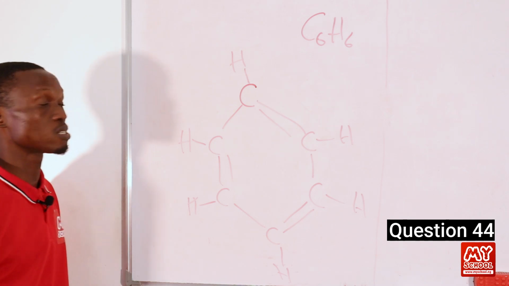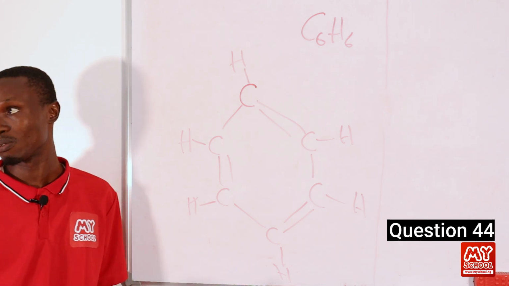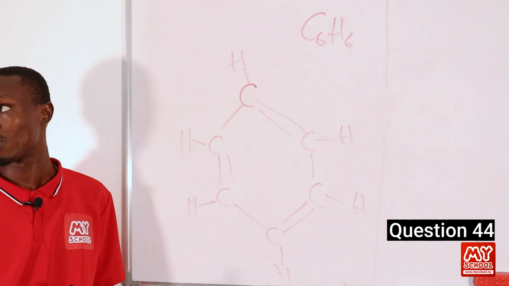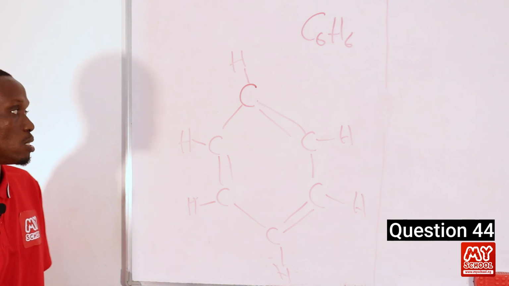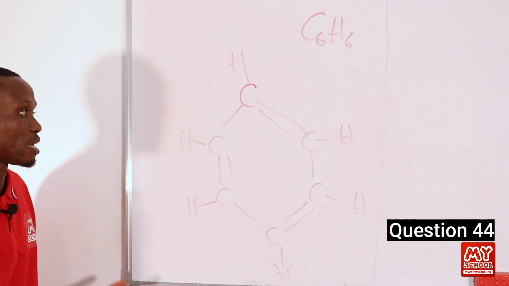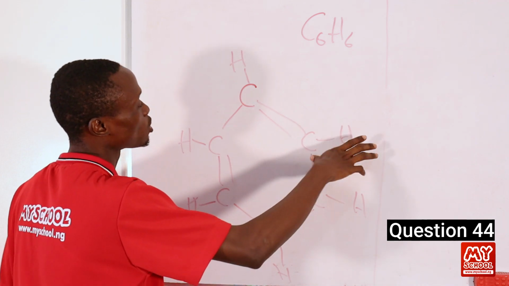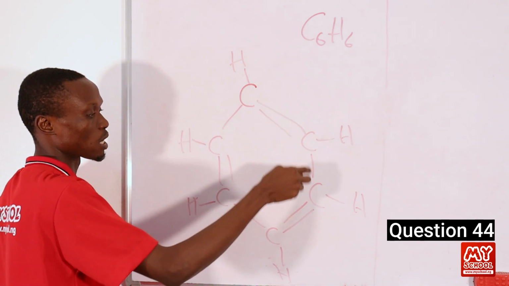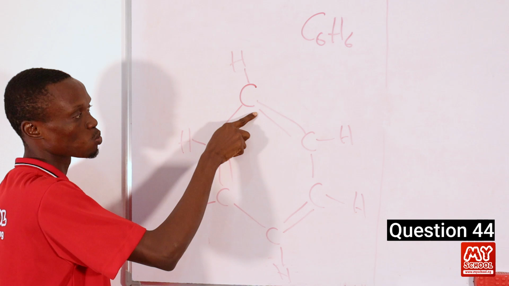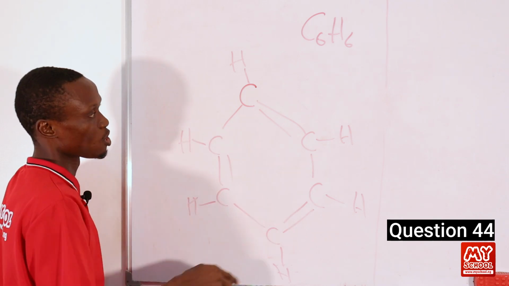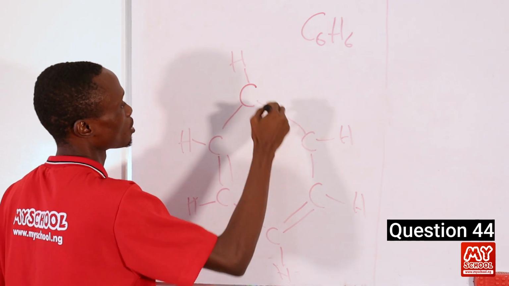When benzene vapor is heated with hydrogen in the presence of nickel catalyst, more hydrogen is added to each of the carbon atoms, and that eliminates the double bonds.